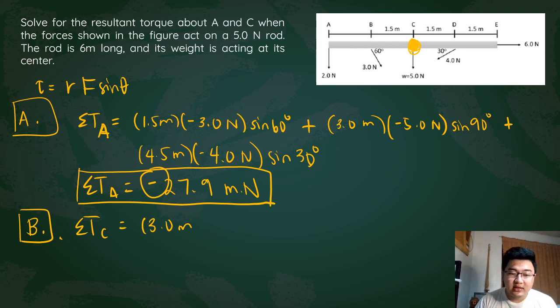So you have 3 meters multiplied by the force, which in this case is positive 2 newtons.